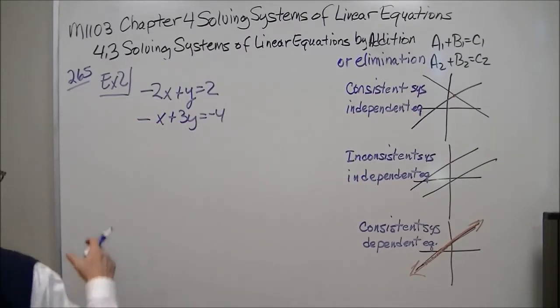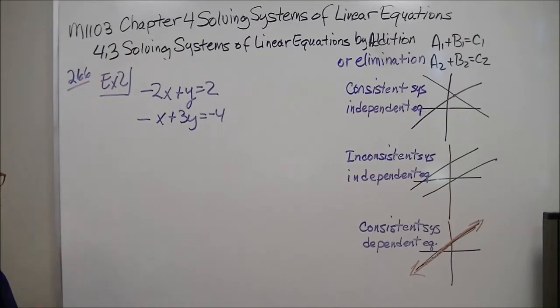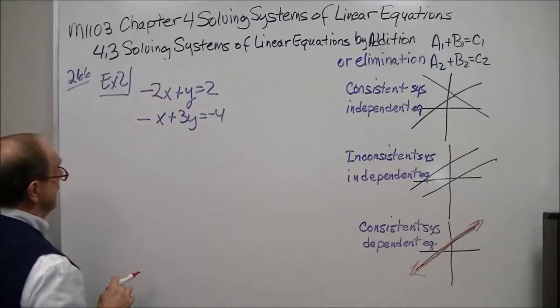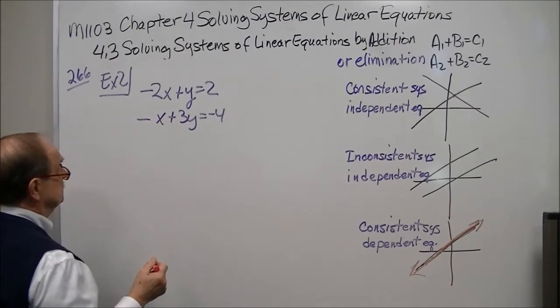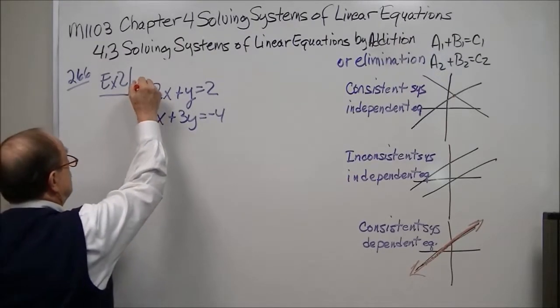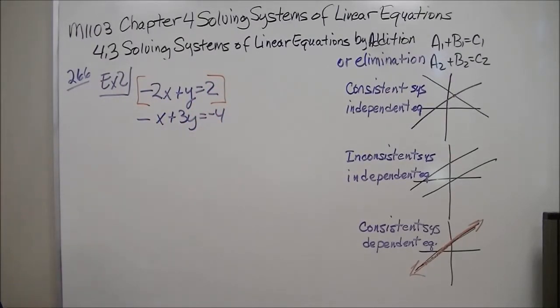Now, if they were all as easy as the first one, what would the challenge be? So as we look at this second example, we see they're set up in standard form, but nothing's going to cancel. But we know back from chapter 2 that we can modify an equation to make it an equivalent equation by doing the same thing to every term.